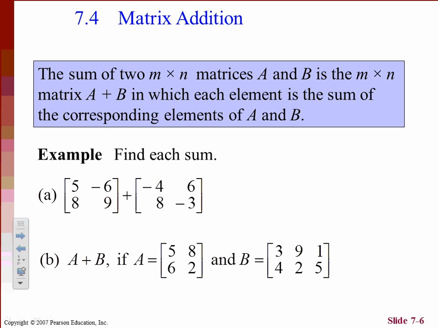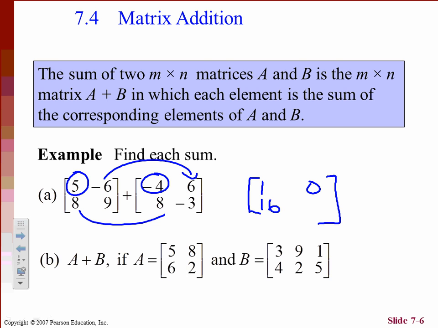Here we have 2 by 2 matrices, so we get a 2 by 2 matrix as our answer. 5 and 4 is 9, 6 and -6 is 0, 8 and 8 is 16, 9 and -3 is 6. Adding those two together gives us a new matrix with the corresponding numbers added up.